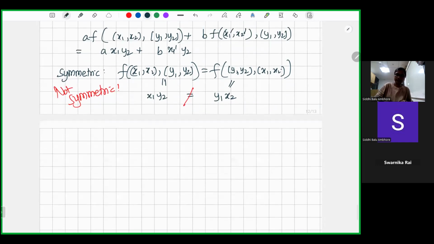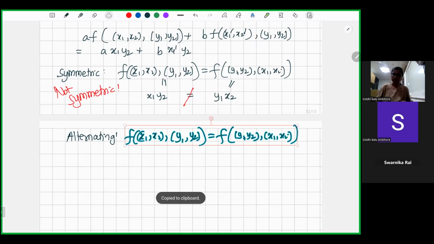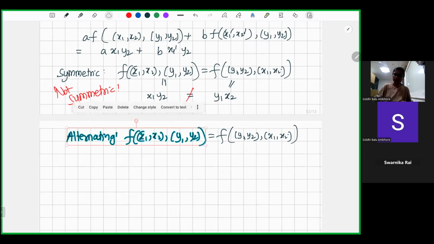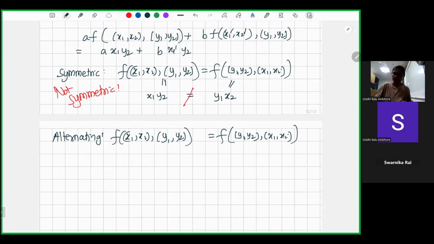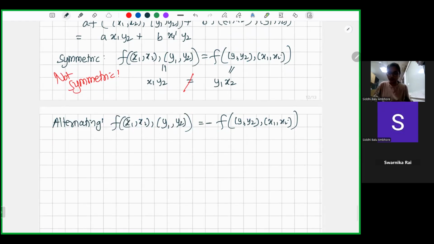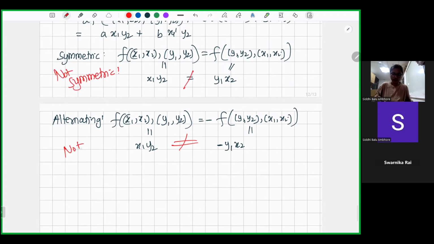Okay, for alternating, what we want is this thing to be minus of this thing. But here this is my x1 y2, and this is my minus y1 x2. And again, these two are not equal, so not alternating.